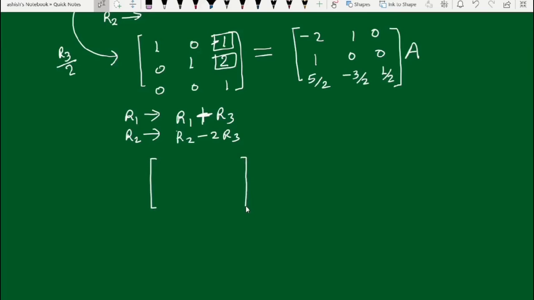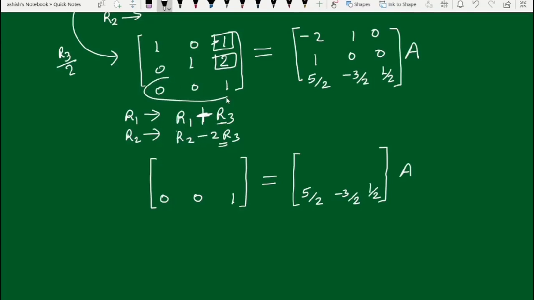Okay, replace these two. There is no change in R3 after transformation, so we copy it. Same here, 5 by 2 minus 3 by 2 and 1 by 2.